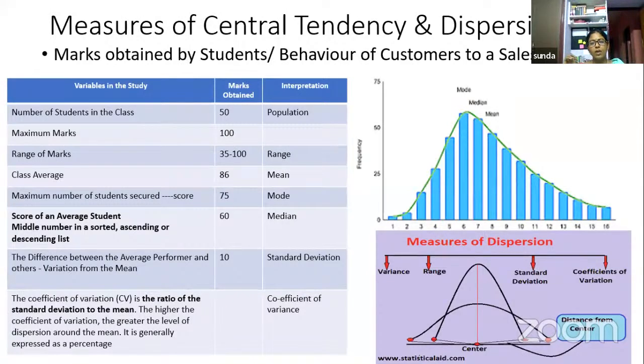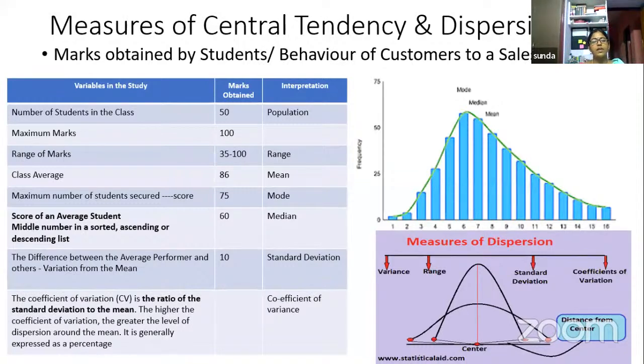Okay, 42 marks, and the difference between the mean score and the maximum, the deviations, the standard deviations that are there from each and every student. So with standard deviation, you can find out the difference between each and every student in the class, the central point of the performer and the others, the difference between one person and the other person.